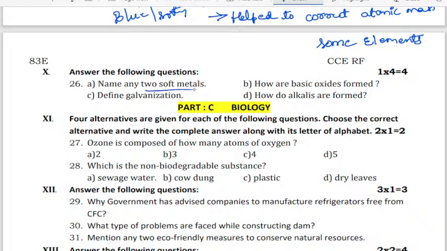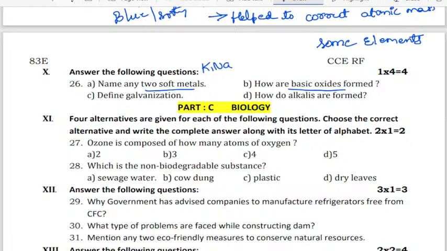Name the two soft metals they have asked. Which are the two soft metals which can be easily cut with the help of a knife? That is potassium and sodium. How are basic oxides formed, they are asking.